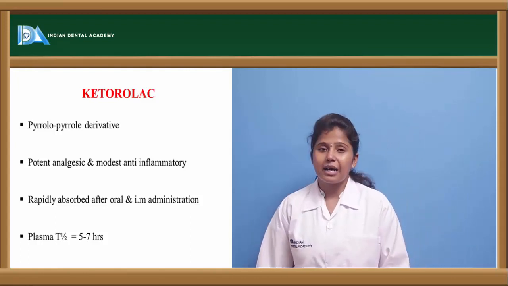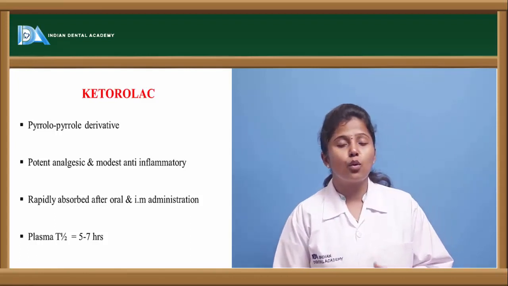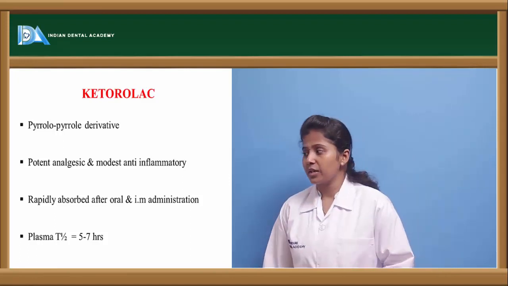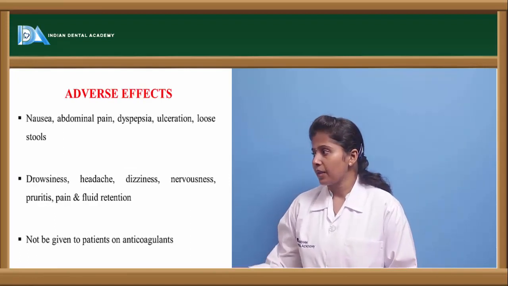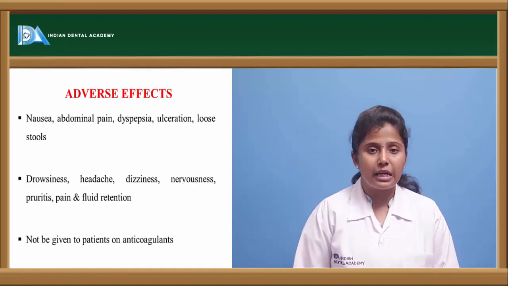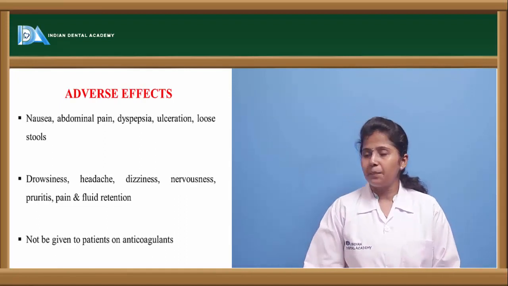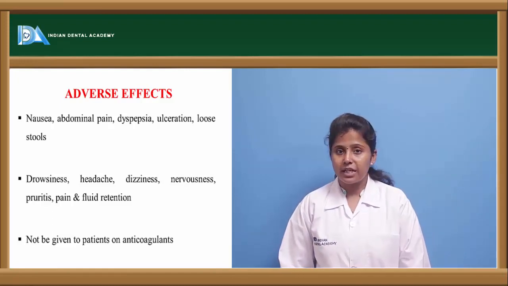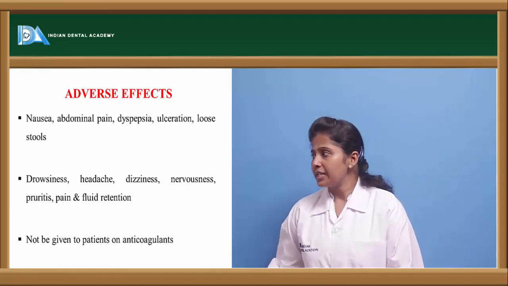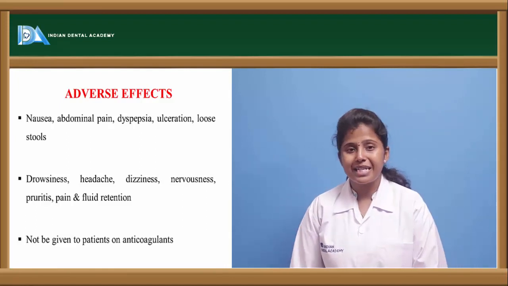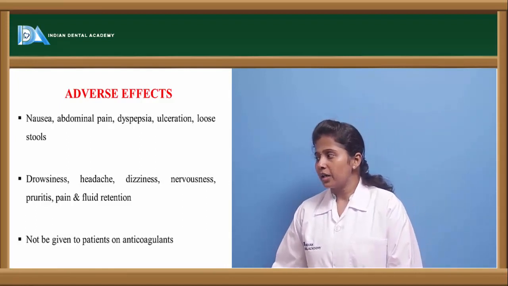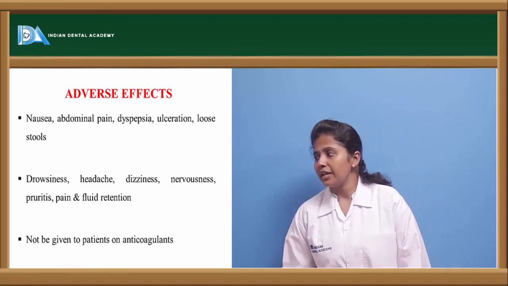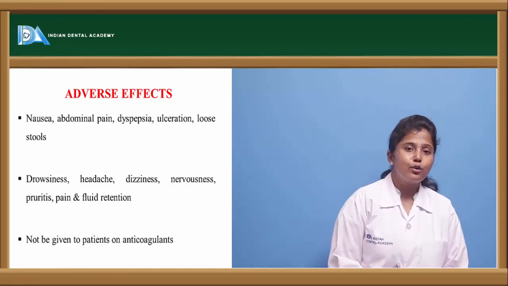And this drug is rapidly absorbed when it is given through the oral as well as intramuscular route. And the plasma T half of this drug is about 5 to 7 hours. The adverse effects of Ketorolac include nausea, abdominal pain, dyspepsia, there will be discomfort or some sort of gastrointestinal disturbances, and ulceration, loose stools, we can say diarrhea, drowsiness, headache, dizziness, there will be nervousness, and there will be pain as well as fluid retention.